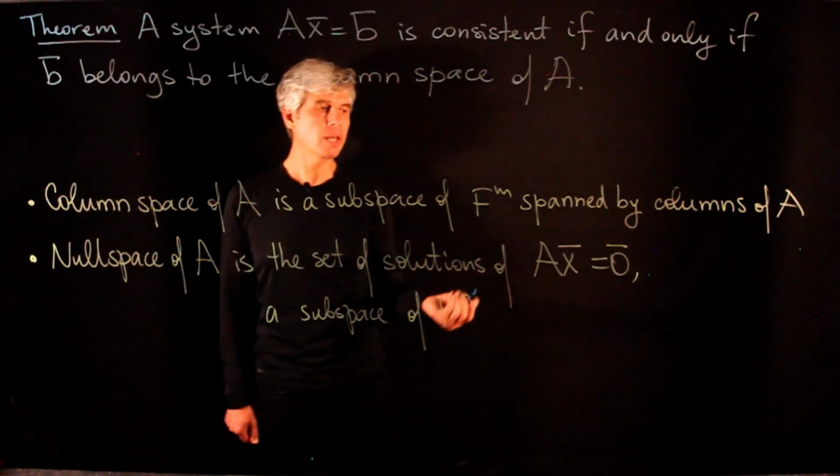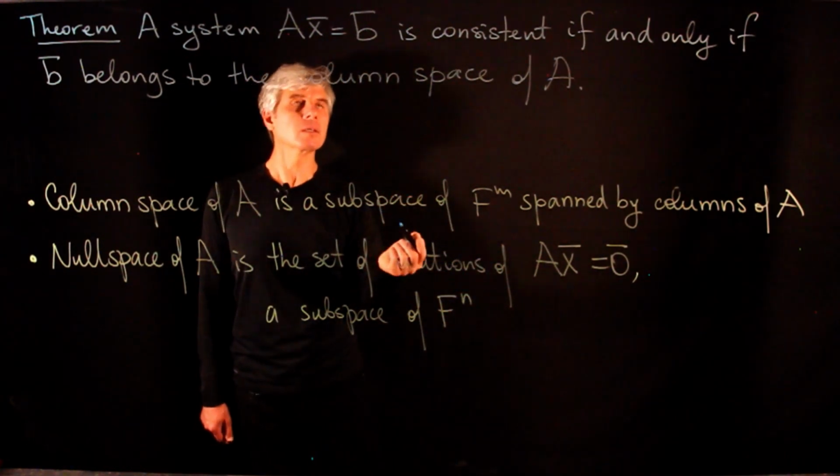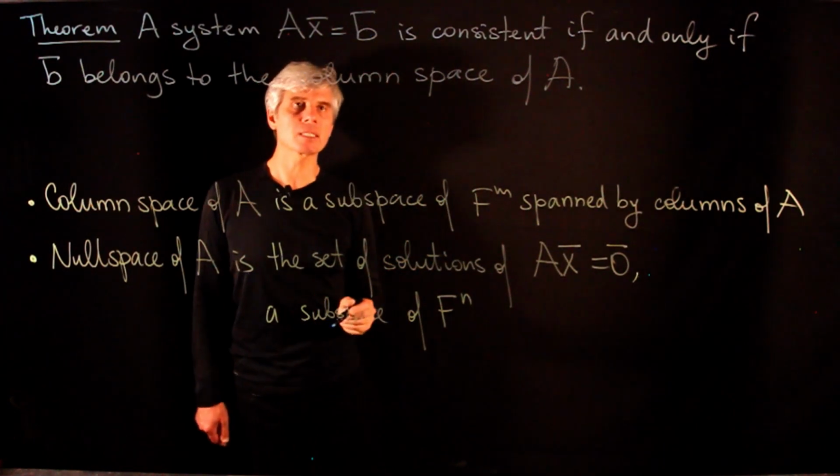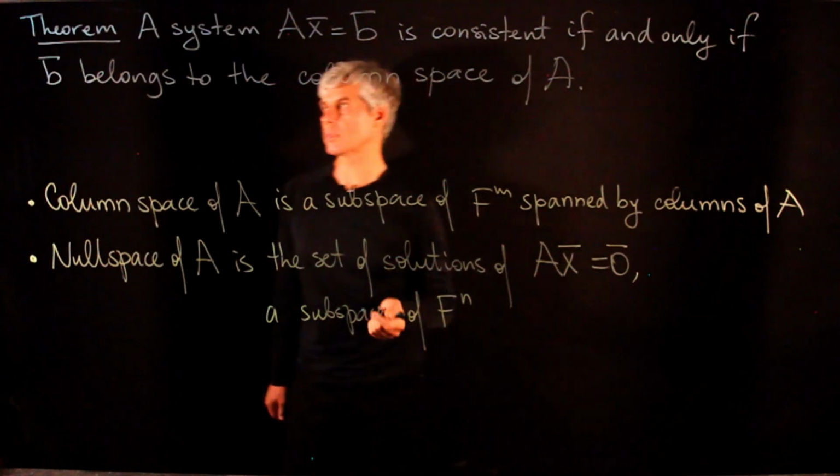What we say is that this system is consistent when the given right-hand side vector belongs to the subspace spanned by the columns.